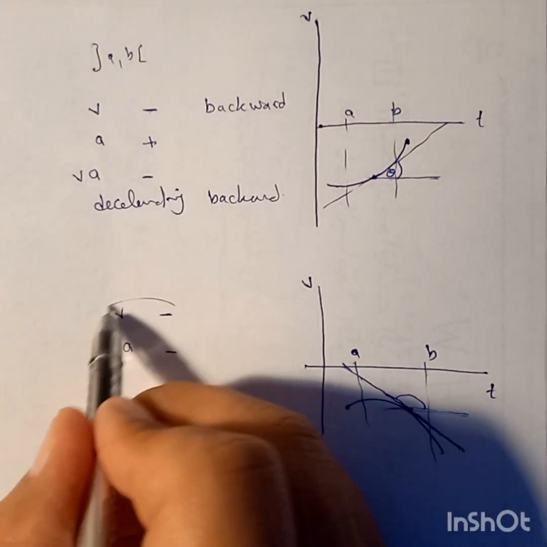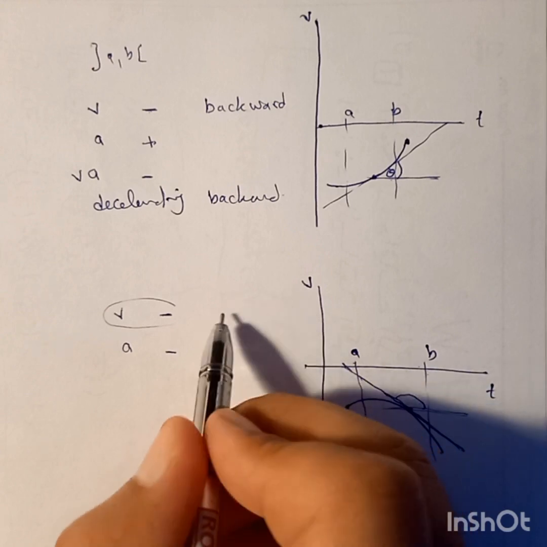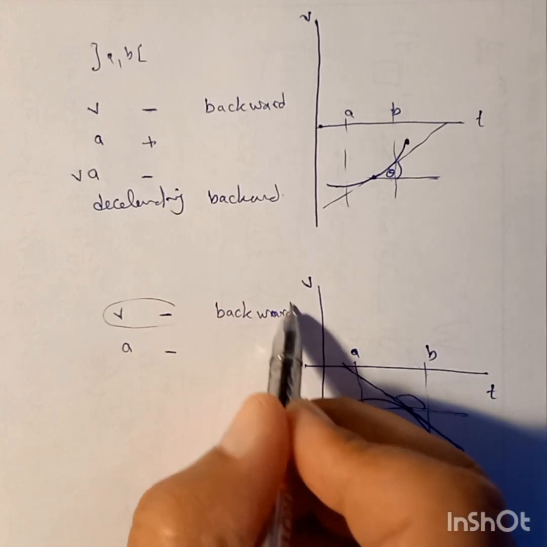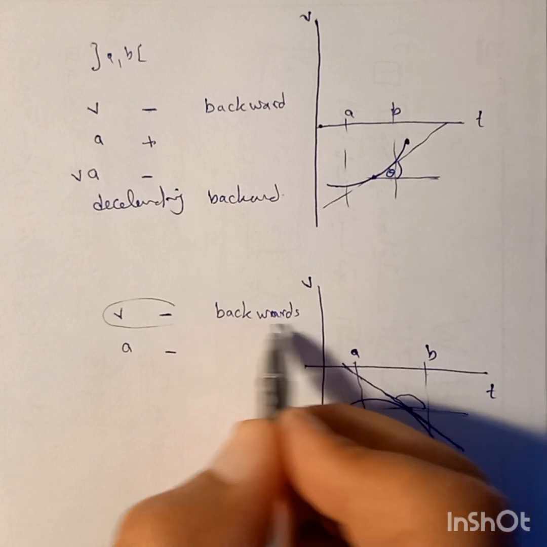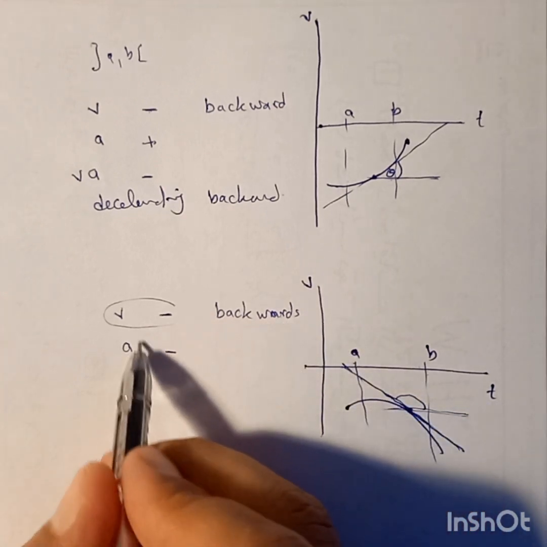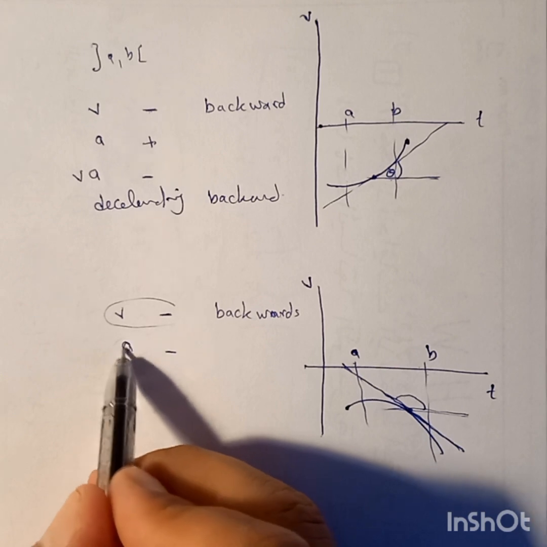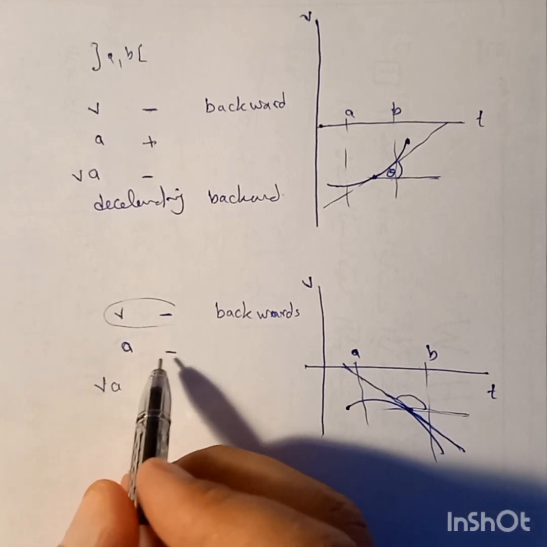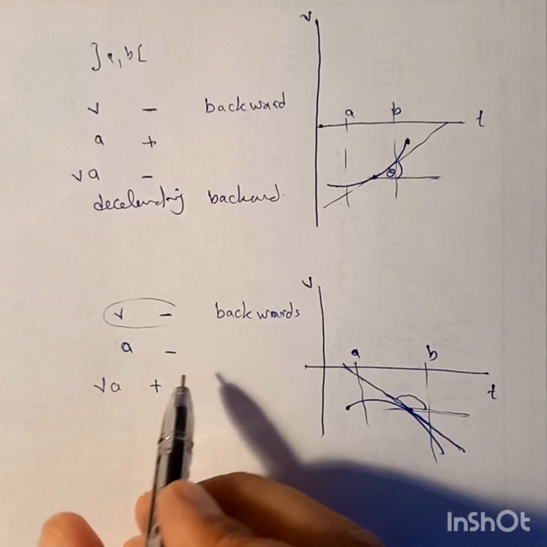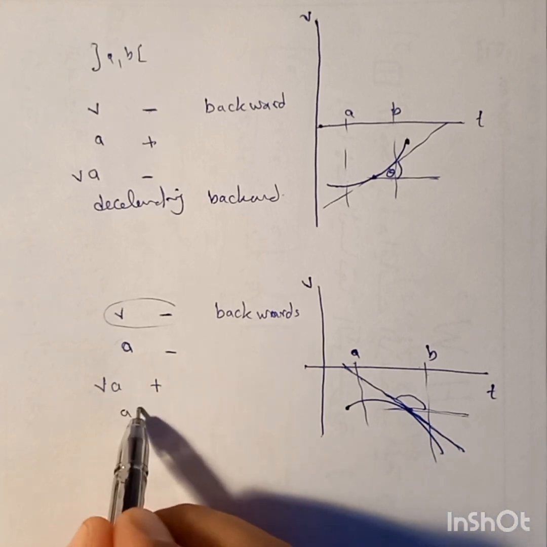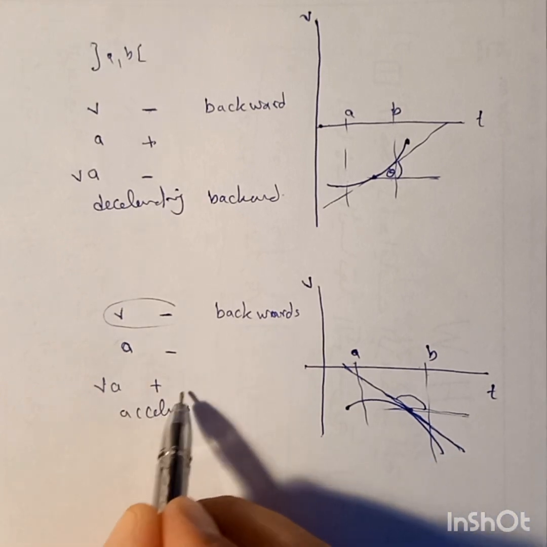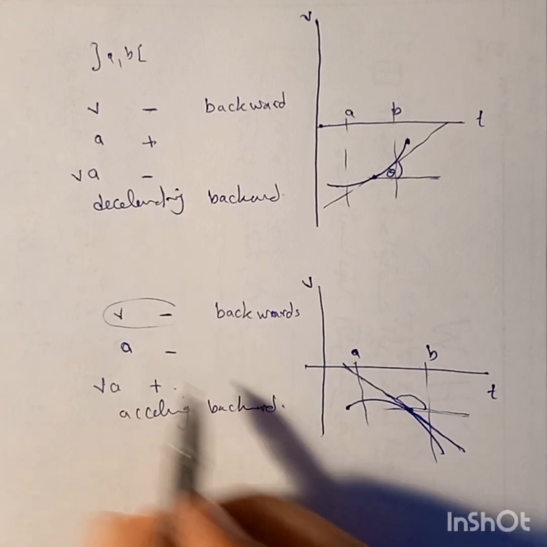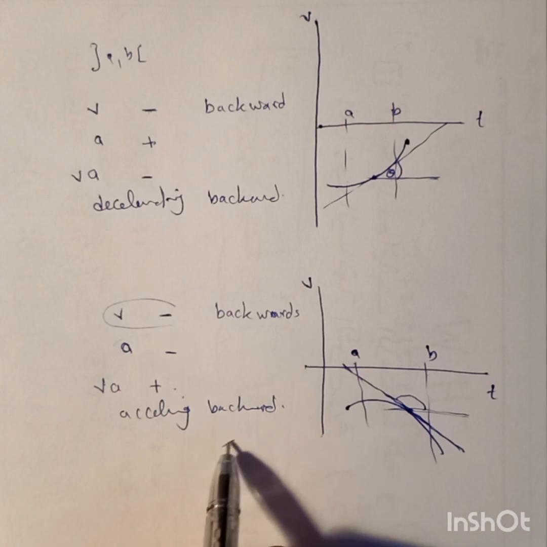From this step we have backward direction motion. Then we have to multiply v and a. Negative times negative gives a positive value, so the motion here is accelerating, but in the backward direction from the sign of the velocity, and this is required.